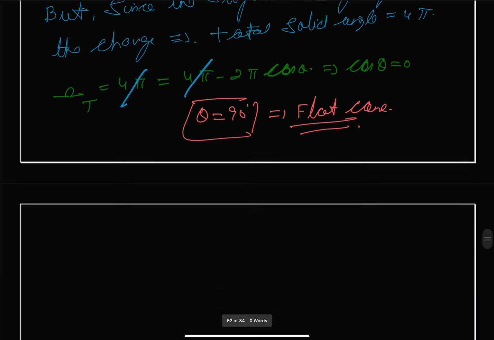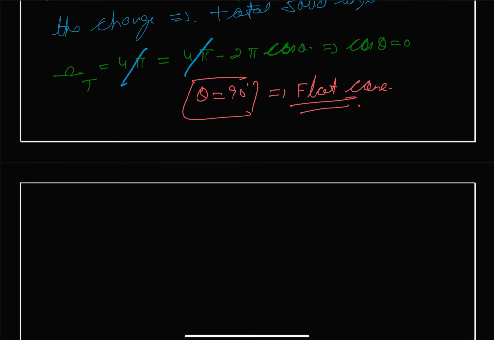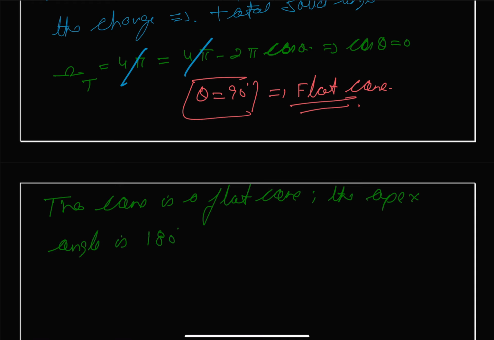So it means the cone is a flat cone, which means the apex angle is 180 degrees, lying in the same plane as the hemisphere base.